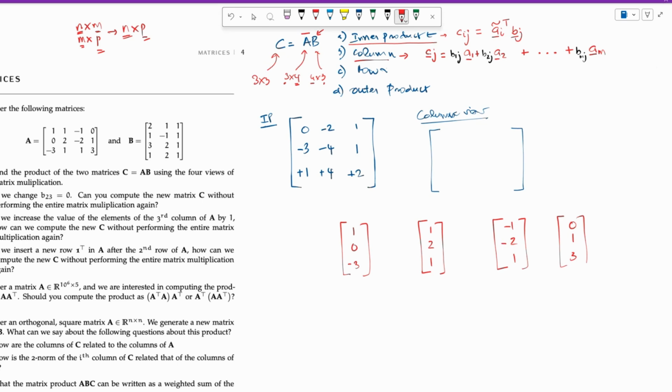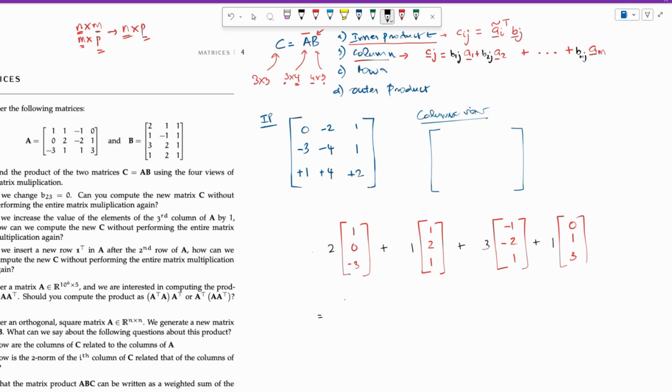That means we will multiply each one by a scalar and add all of them together. And where do the scalars come from? We're talking about the first column of C, so it has to come from the first column of B. The first element is 2, second is 1, third is 3, and this is 1. And then we simply add all of these together.